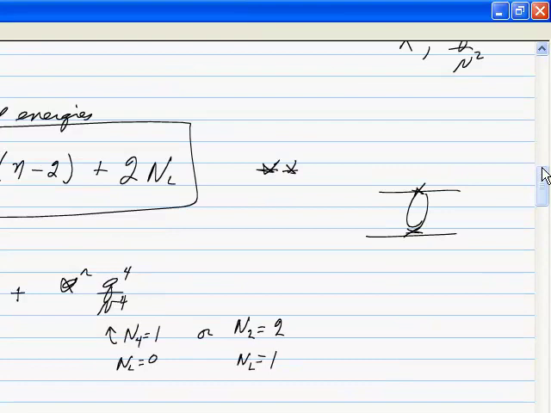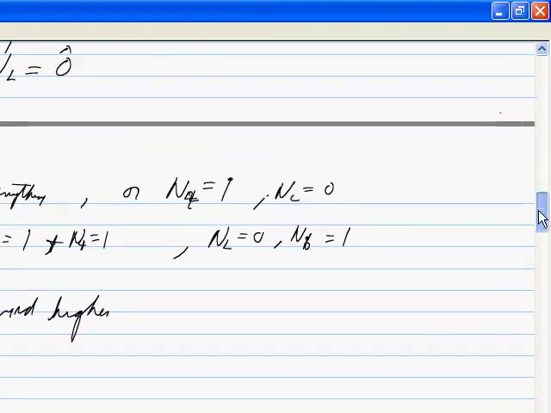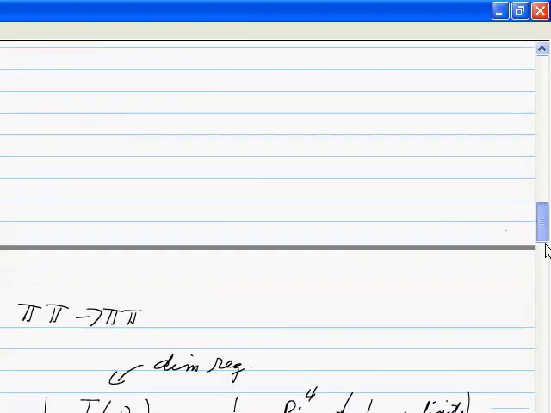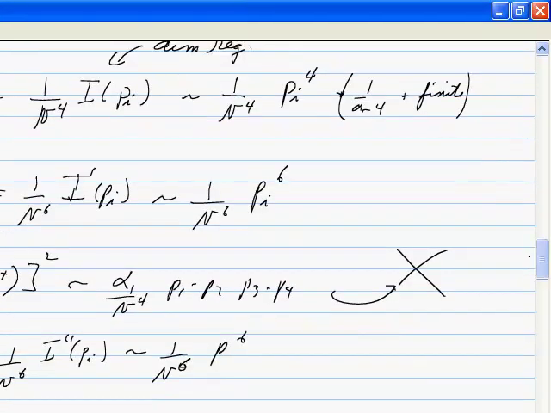Okay? So we're almost ready to give out the overall rules. It's really just counting dimensional factors there and then using dimensional regularization.